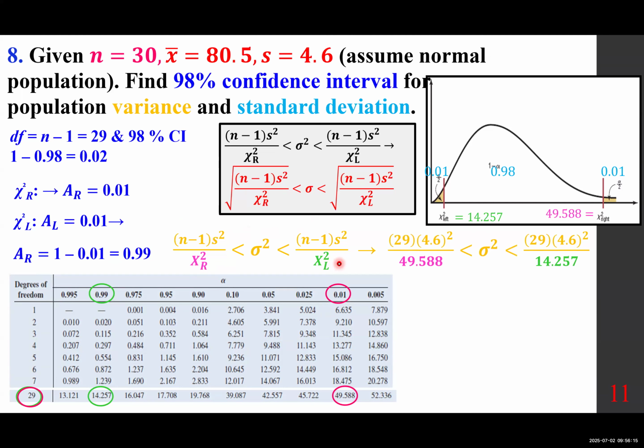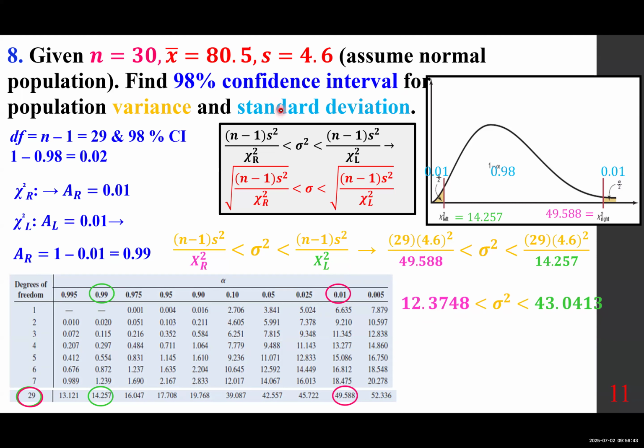Okay. Now you do the math. So sigma squared. In other words, what is the confidence, 98% confidence interval for the variance? Sigma squared is this, between 12.3748 and 43.0413.